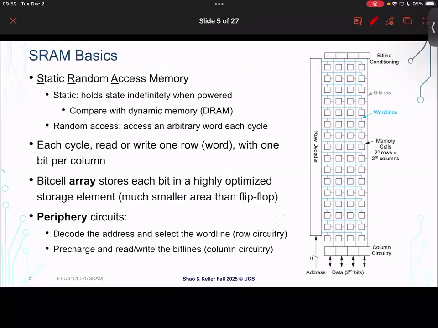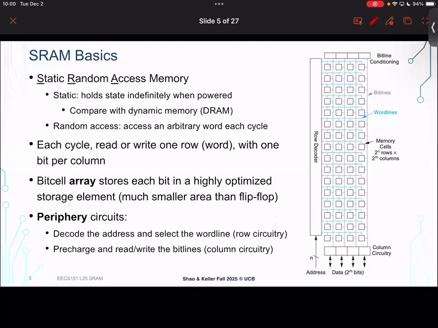But if you want to store a lot of bits, thousands or millions of bits, like in a cache or a register file or some other large memory structure that are very common in almost any kind of digital circuit you might want to build, well, flip-flops ain't going to cut it, right? It's not going to be efficient to lay down millions and millions of these cells, each of which is 12 or more transistors inside a flip-flop.